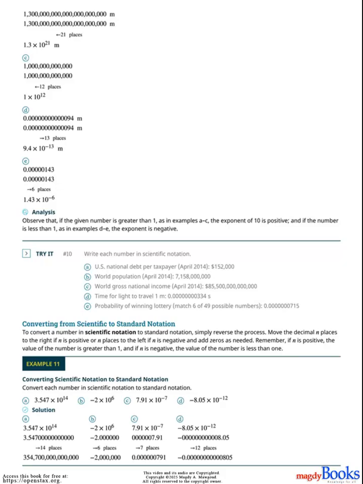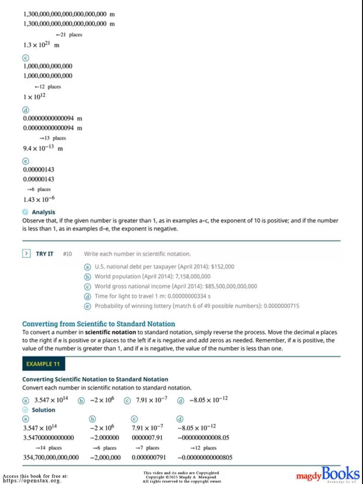D. 0.000000000000094 meter. Move it 13 places right. 9.4 multiplied by 10 to the power of negative 13 meters. E. 0.000000143.